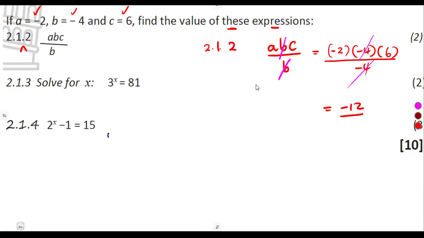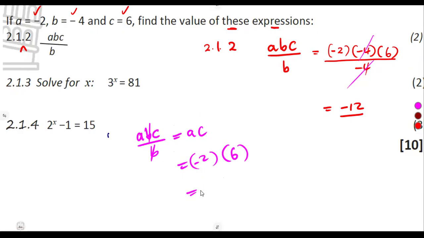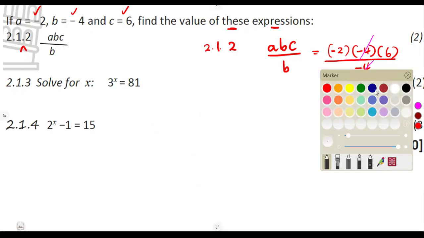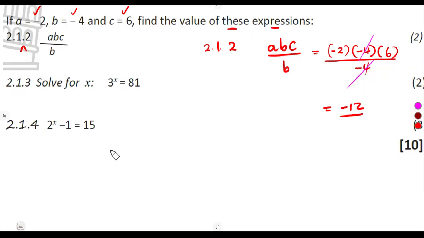This part that we see, ab over b, can cancel, so it is equal to ac. So you can simply take the a as it is, negative 2, times the c, which is 6, giving negative 12. Or let's say you do not understand this part. Okay, leave it. Then use the proper way.